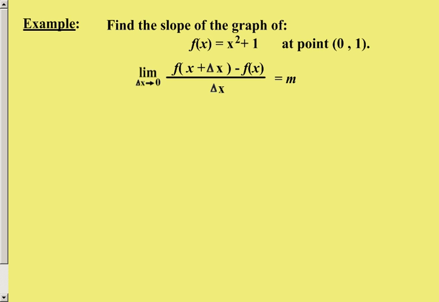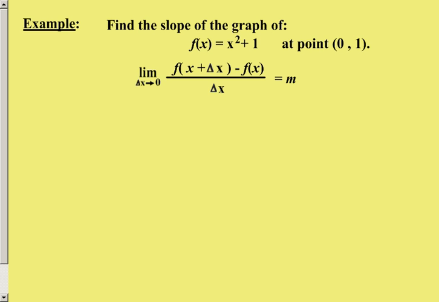Okay, now let's see if we can start figuring this thing out. The formula says in the numerator, your function evaluated at x plus delta x. That means in our function, anywhere we find an x value, we're going to take that out and plug in x plus delta x. From that, we are going to subtract f of x, which is the function itself, x squared plus 1.